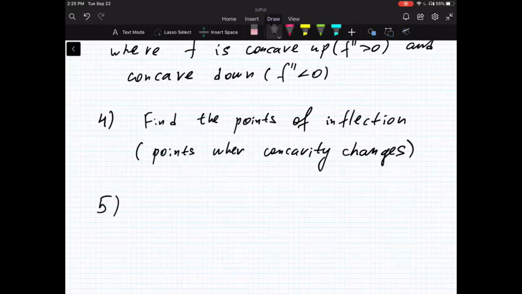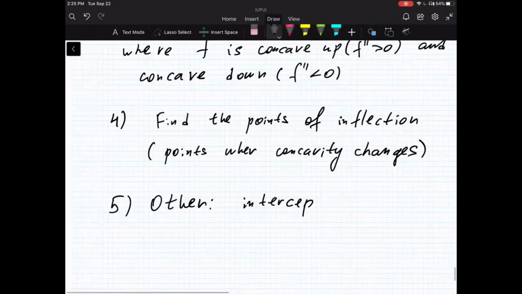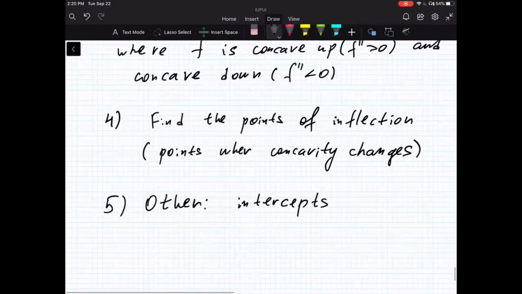And the fifth step is called other in the textbook, and that means general information that you can determine from the equation of your curve, such as intercepts, x and y intercepts, if they can be found in an easy way.